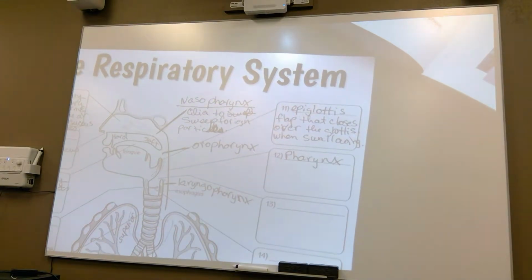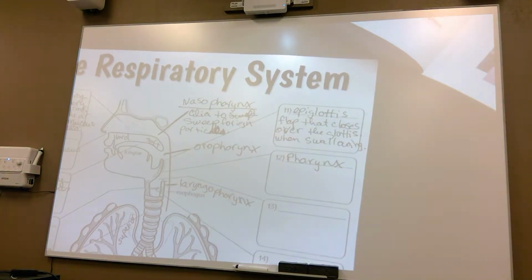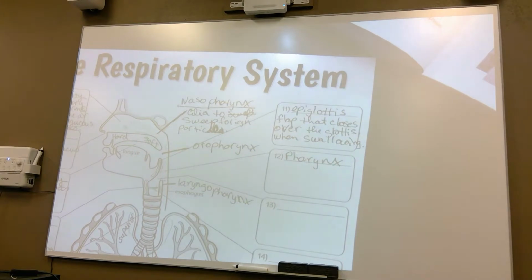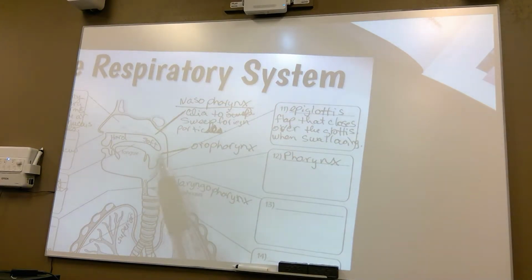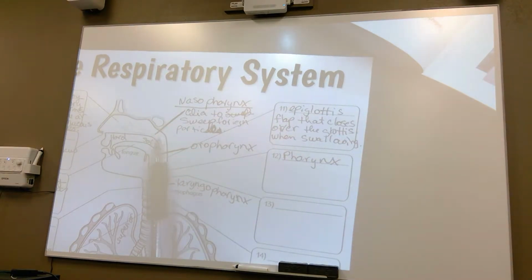So the throat, the pharynx, is broken up into three areas: nasal, oral, and laryngeal pharynx. The oral and the laryngeal are the only two that have passage of food and air. Whereas the nasopharynx, you shouldn't have food or water go up through it.